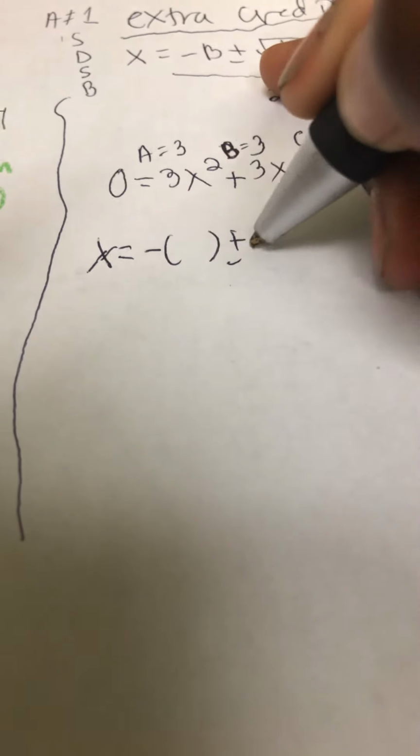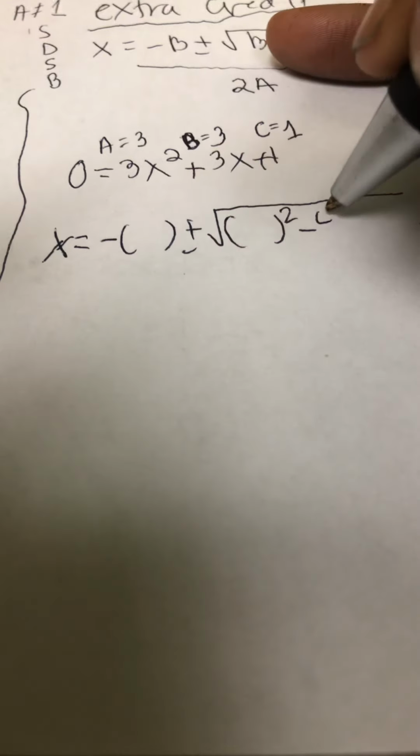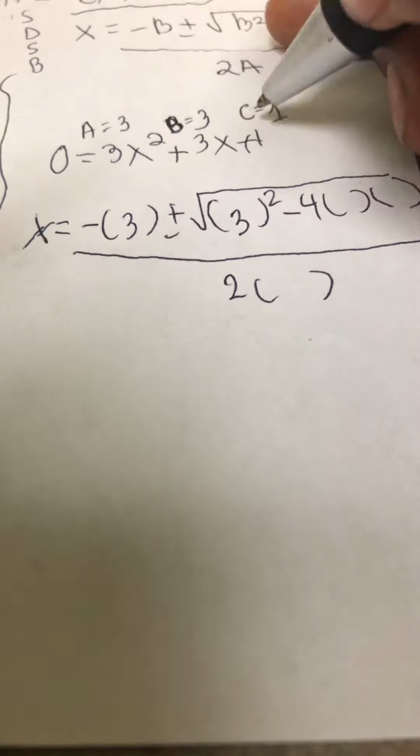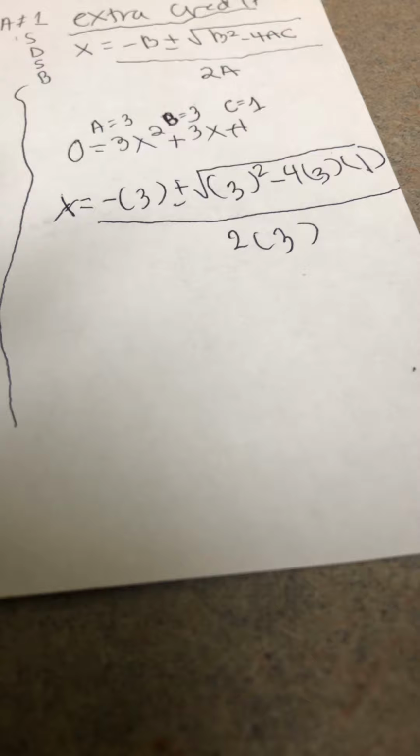So I'm going to go through and just write parentheses. So x is equal negative b plus or minus square root b squared minus 4ac all over 2a, and then go back and plug it in. So this first one's b is 3, this one's b squared, a c 3, 1 all over 2a, and then we can simplify from here.